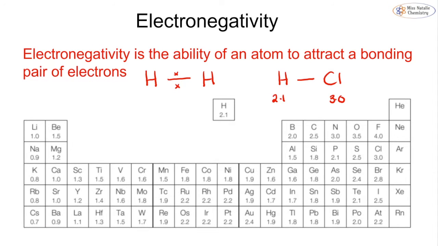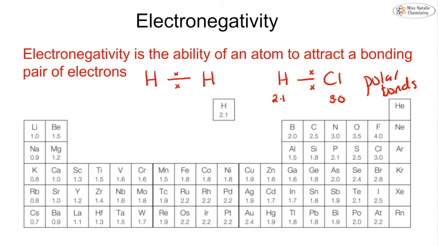And then what actually happens is we get our electrons moving closer to the chlorine than they are to the hydrogen. And this causes what's known as a polar bond. So we get a difference in our atoms in terms of their ability to attract the bonding pair of electrons. The chlorine prefers to pull the electrons closer to them. And we'll come back to polar bonds in just a few minutes.